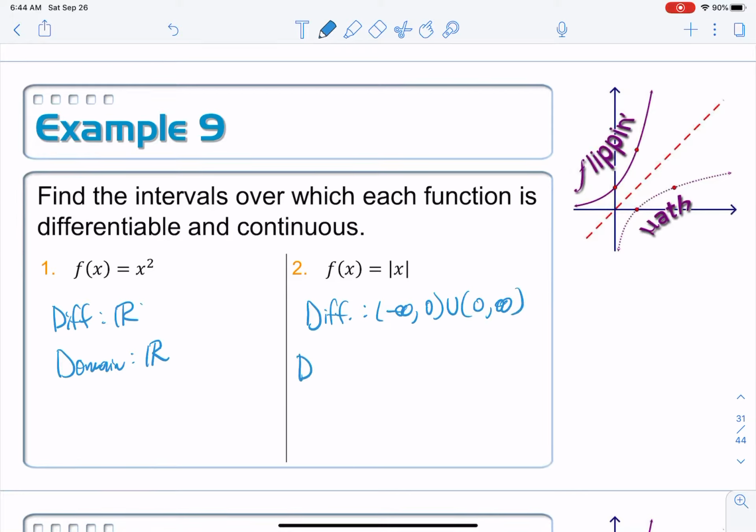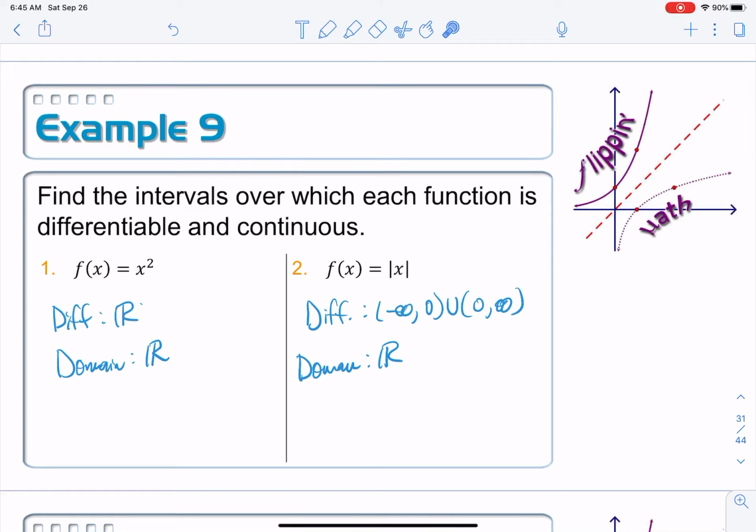Its domain is everything because you have a sharp turn at the origin, but it's still continuous there. Domain is all real numbers. And as I mentioned before, the interval where it's differentiable is a subset of the domain of that particular function. And we can say back over here the same thing is true, that this set fits inside that set. It just fits very comfortably, like, you know, 1-to-1.